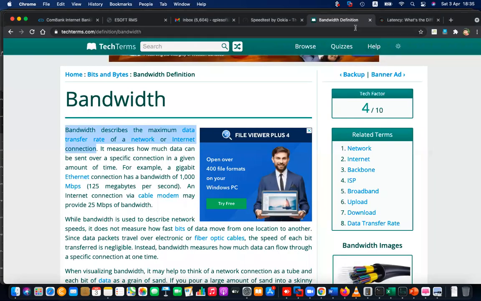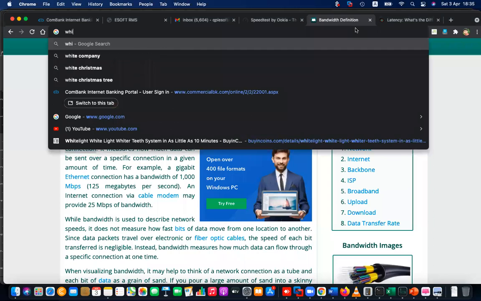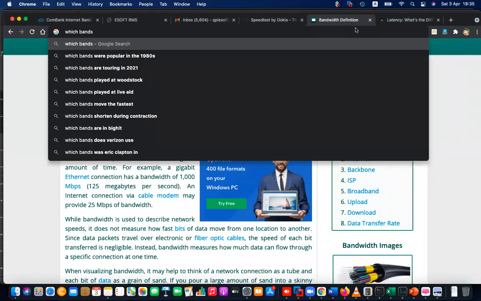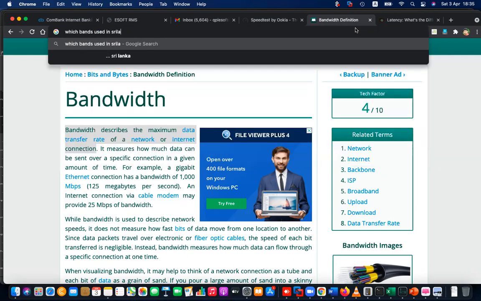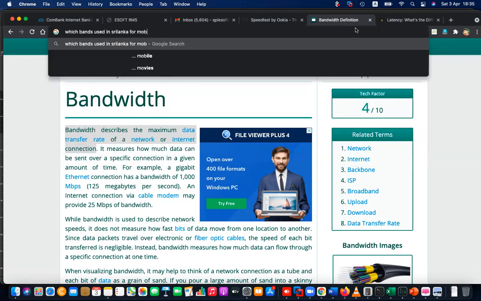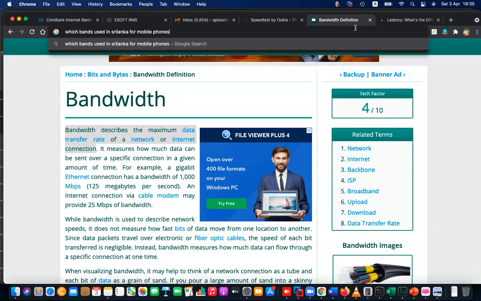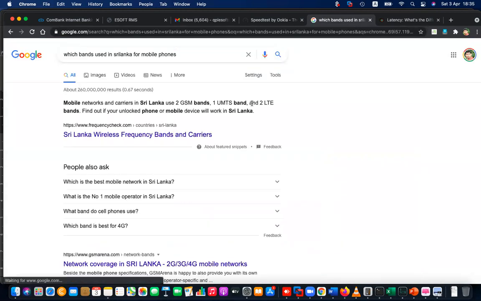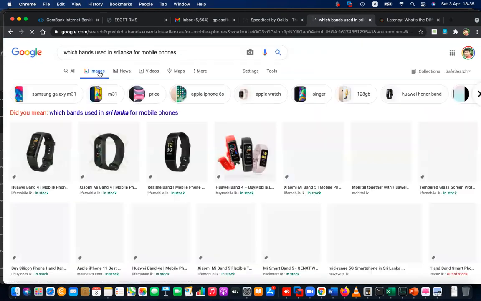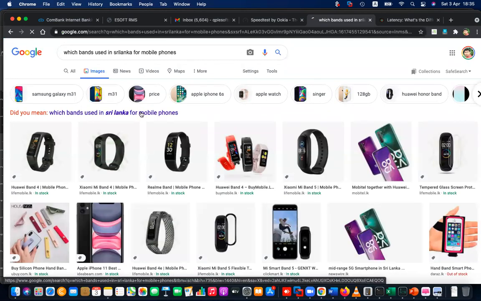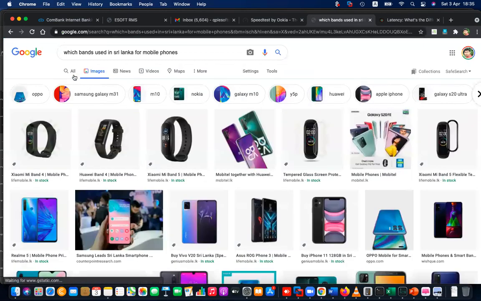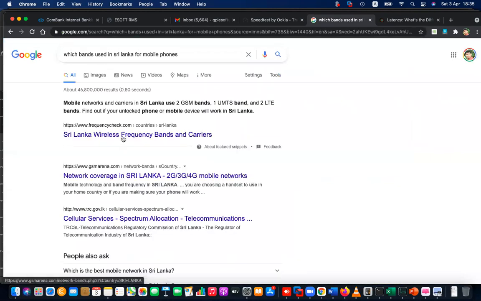Which bands are used in Sri Lanka for mobile phones? So these are the possible bands. There are different bands, not brands, it's bands.